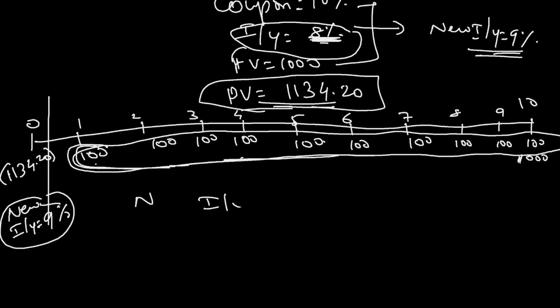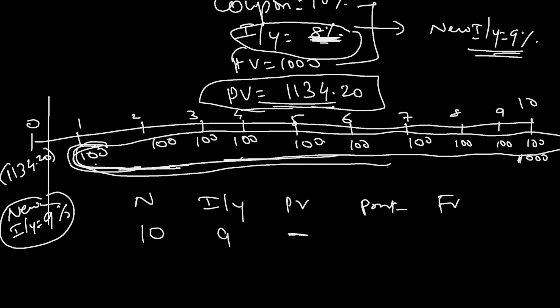N, IY, present value, payment, and then future value. N will be 10, because 10 times I am going to get this 100, and it will be reinvested at 9 percentage. Present value is nothing, because I need to find the future value of all this 100. So payment is minus 100, because I am going to invest 100. Now I'll find out the future value.